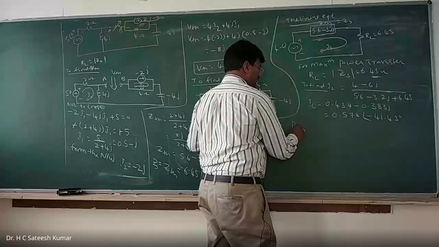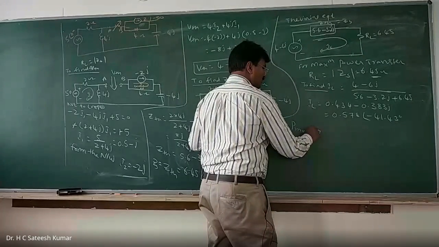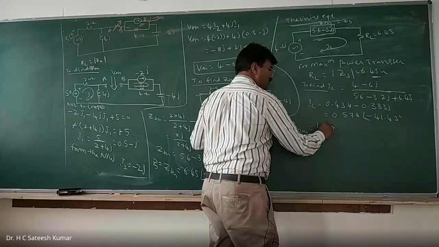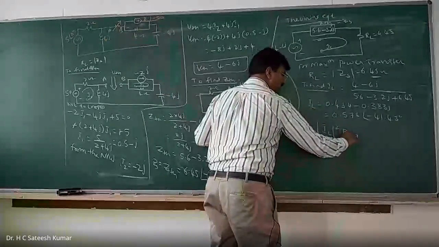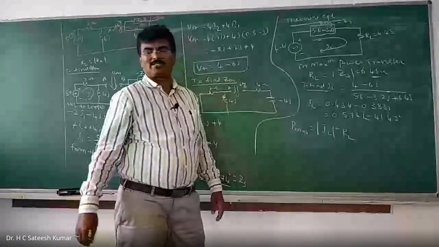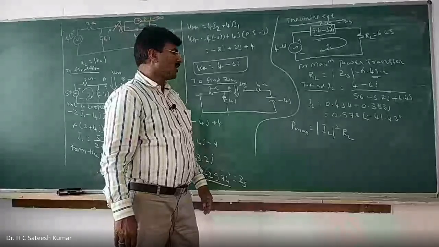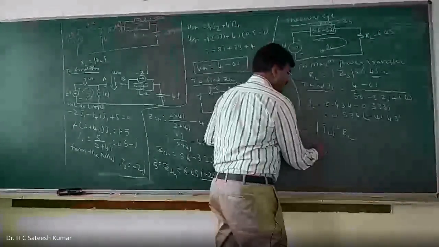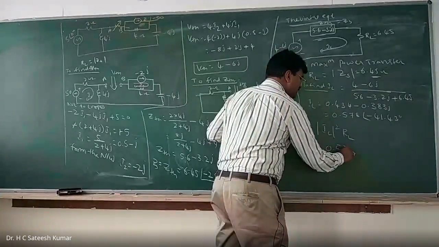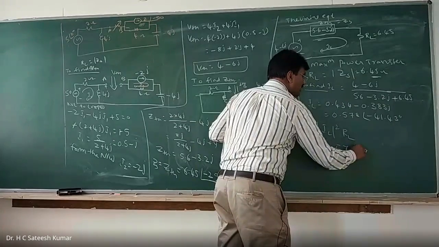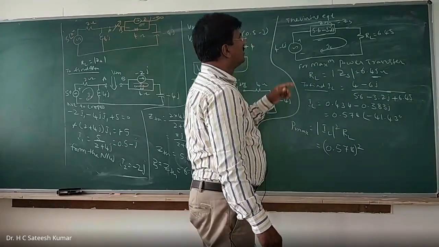P max is equal to the magnitude of IL squared into RL, we said. Whenever a complex value is there, you have to take the magnitude of it. The magnitude is readily available. What is that value? 0.578 whole square into RL. RL is how much? 6.45.